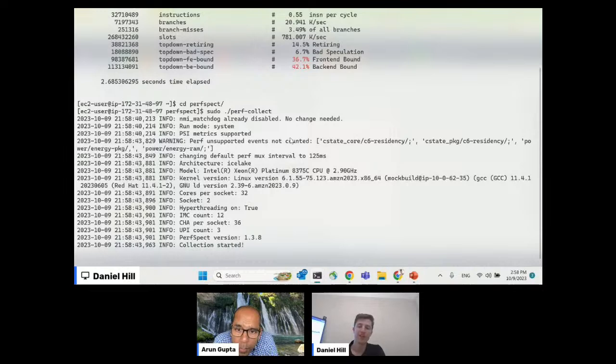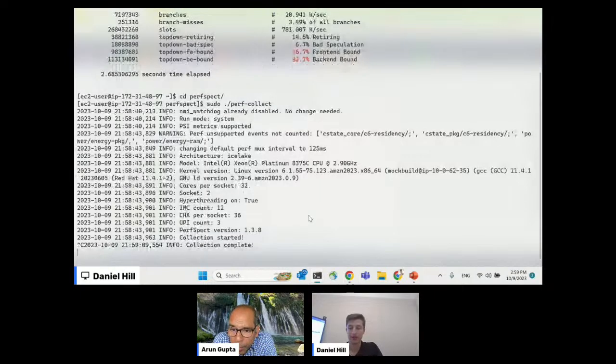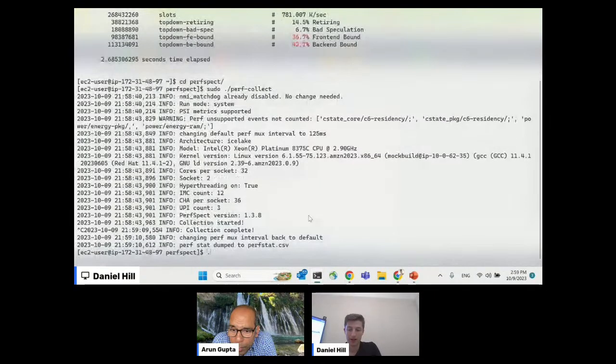Here it's going to tell you that it's not able to collect some C6 events and some energy events, but that's okay. This is an m6i metal instance. Two sockets, so you could have to worry about that NUMA penalty that we were talking about earlier. Here, let me just cancel this.